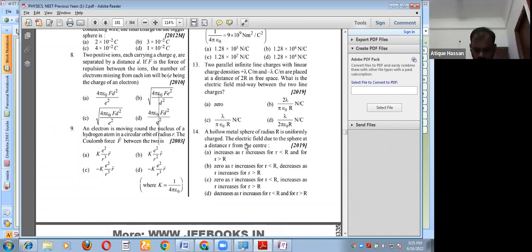Any idea to proceed for this question? Shravya is saying that we have to apply the formula of 1 by 4 pi epsilon naught Q by R square. So is that how we can proceed, or is there any other way?